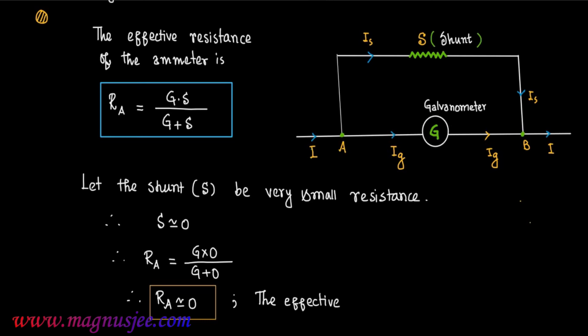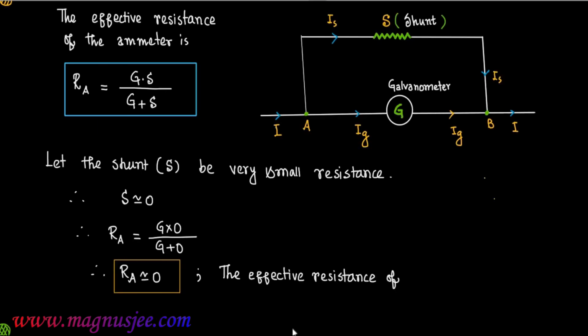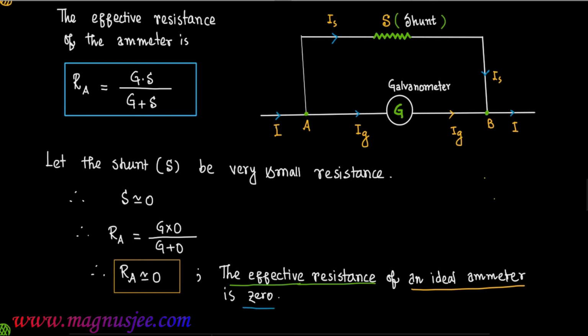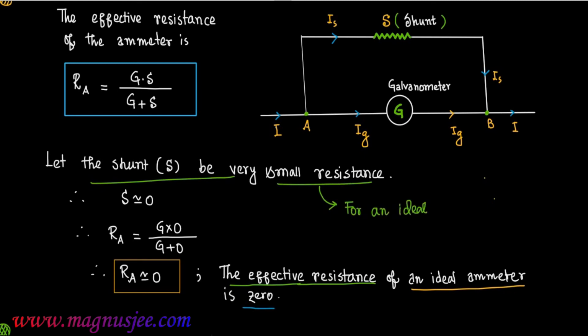Thus we can say that the effective resistance of an ideal ammeter is 0. And also for an ideal ammeter, the shunt S should be very small.